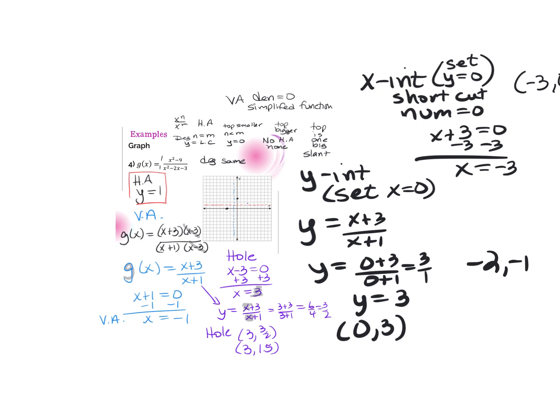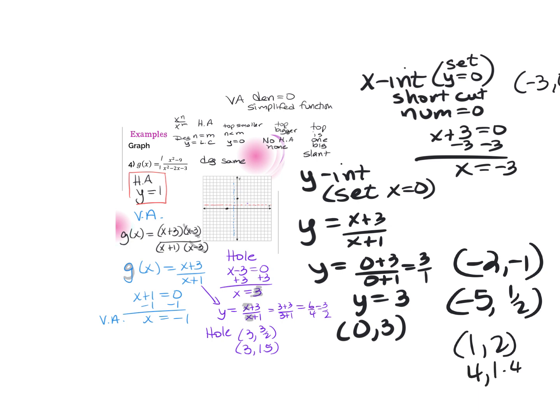Another point that I could graph could be (-5, 1/2). So I could plot those to the left of the vertical asymptote, and then to get points to the right of it, let me go ahead and get some other points. I could plot (1, 2), and I want you to list these in the homework. Another point that I could graph could be (4, 1.4).